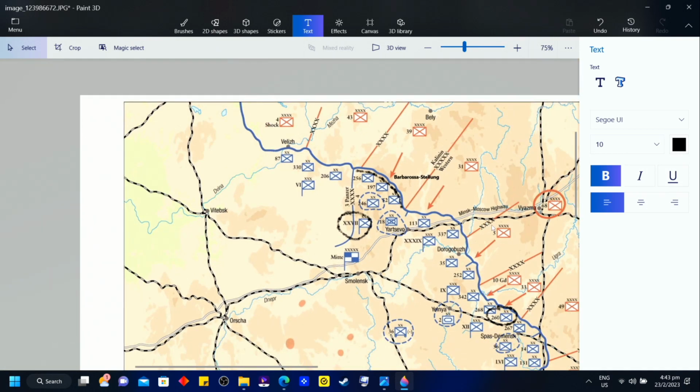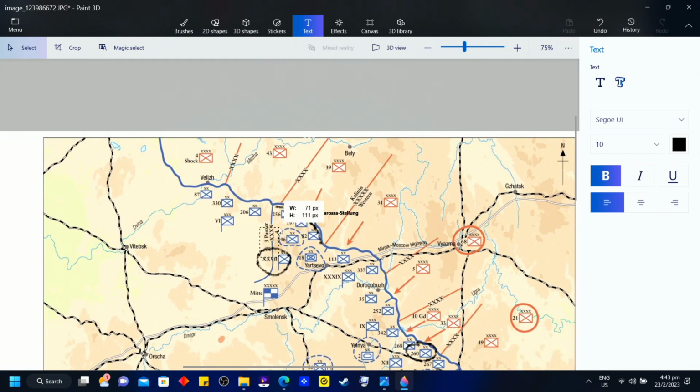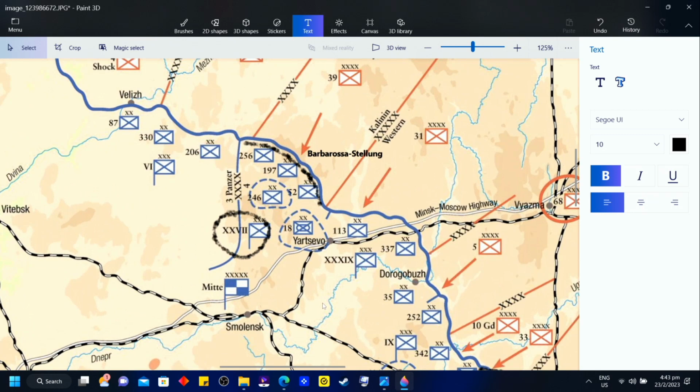So each infantry regiment typically had 2 of its 3 battalions up front, with each frontline battalion holding a 2-kilometer wide sector.